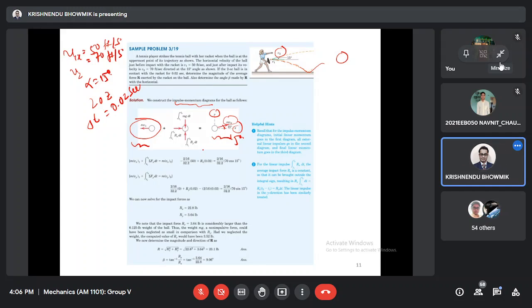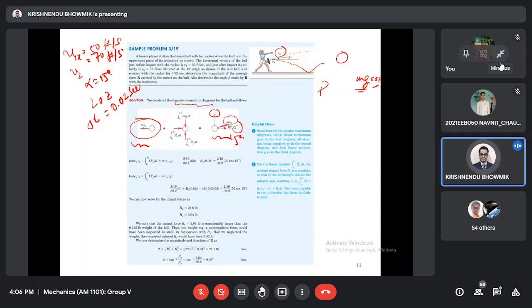Now you can check here, we are not considering its self weight mg. Mg multiplied by delta t, that impulsive force, has been neglected. Okay, so now we could have x and y directions.